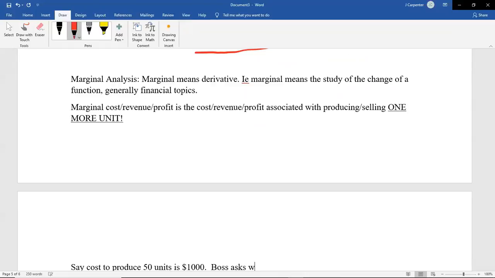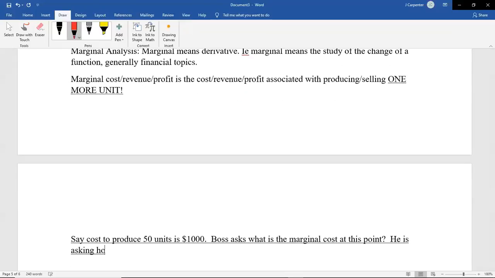Boss asks, what is the marginal cost at this point? He is asking how much does it cost the company to make one more unit?